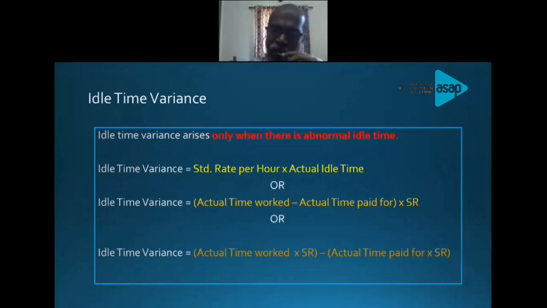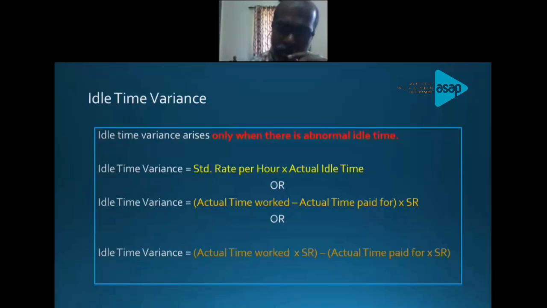The difference between 10 and 9, that 1 hour, is the normal idle time for which the company is paying wages. 9 hours, that is 10 minus 1, is considered as the normal working time or the standard working time of an employee per day in my example.